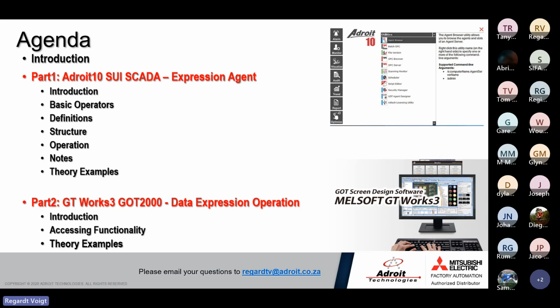We will look at the introductions, operation, basic operators, definitions, the structure of the expression agent, the operation, some extra notes and theory examples. For the GOT2000 part, by our GTWorks 3, we will also be looking at the introduction on how to access these functions, the functionality, and some theoretical examples.